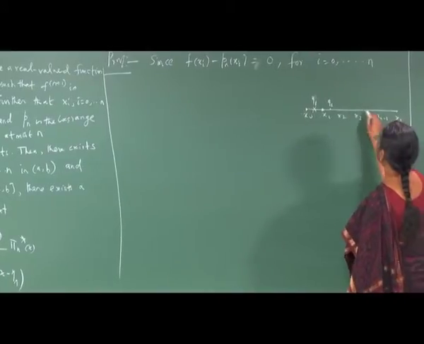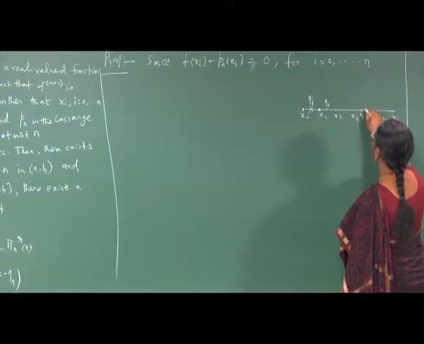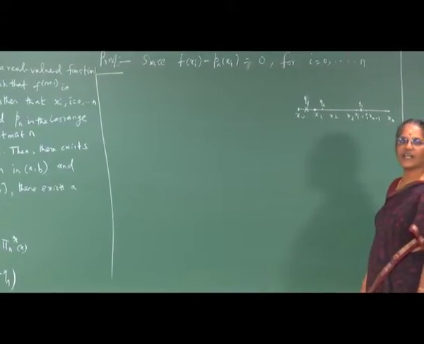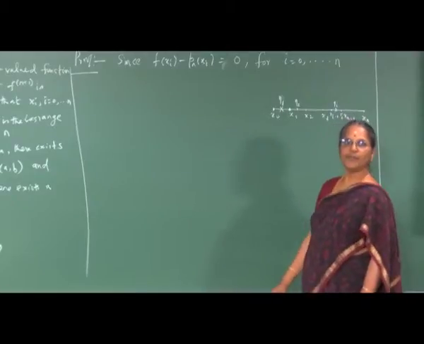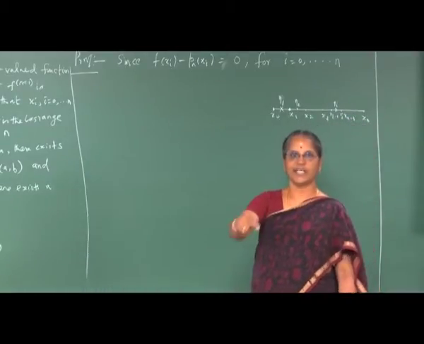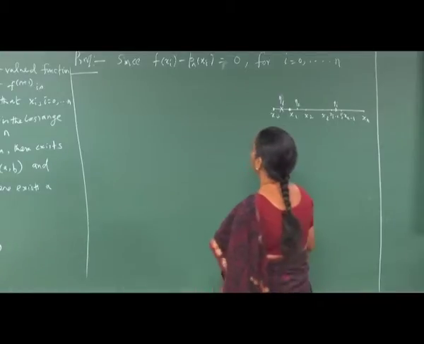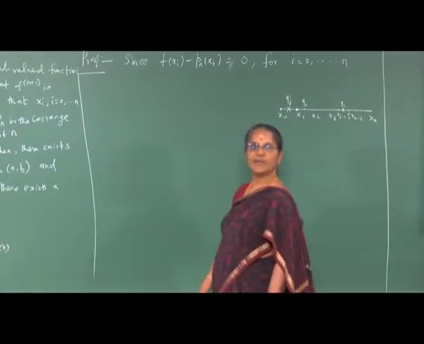So, in general, in the interval (x i minus 1, x i), there will be a point eta i at which f dashed of eta i minus Pn dashed of eta i is 0. In each of these intervals, you will be able to find points eta 1, eta 2, eta 3 up to eta n such that f dashed of eta i minus Pn dashed of eta i will be 0.